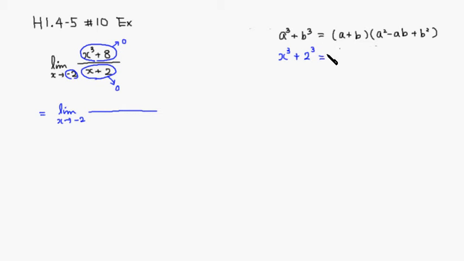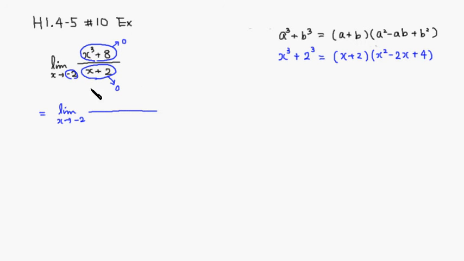If you remember, when you have a sum of cubes, you can write a quantity x plus 2, then times x squared minus 2x, because b will be 2, and b squared would be 4. 2 squared is 4.